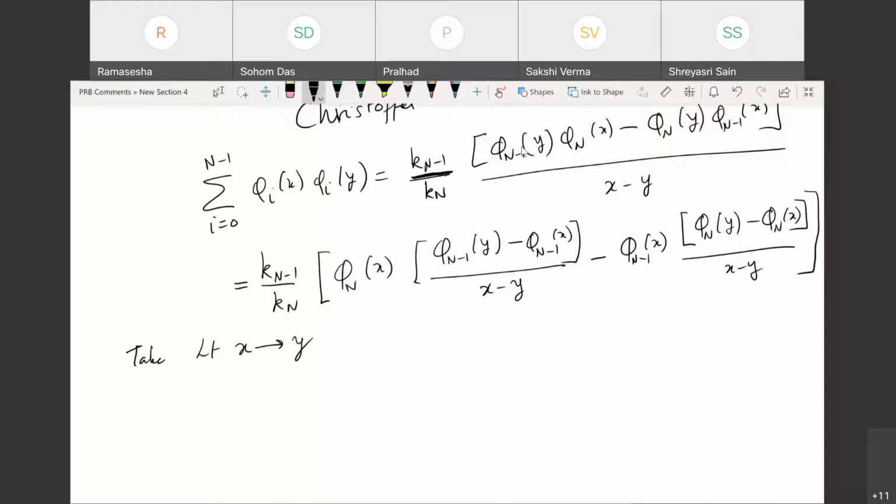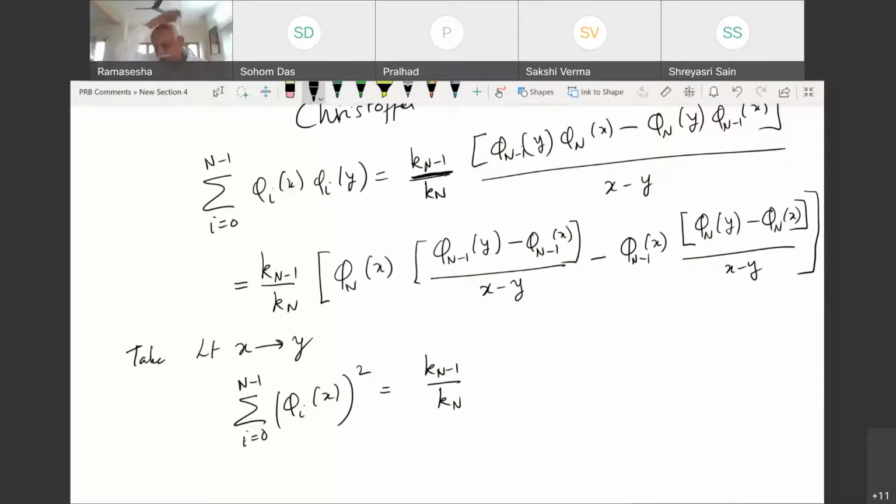The left hand side becomes sum over i equal to 0 to n minus 1 of phi_i(x) squared, which is equal to k_{n-1} upon k_n. What can you say about the limit x tending to y of phi_{n-1}(y) minus phi_{n-1}(x) divided by x minus y? Is it 0?